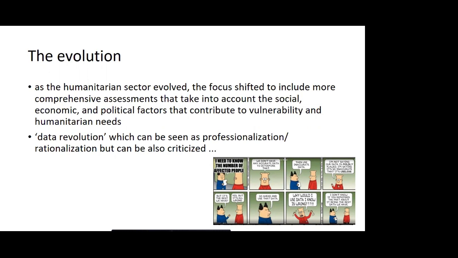Another thing, from more of a Foucauldian side of things, is criticism about the idea that adding quantification to humanitarian space is a form of adding a neoliberal paradigm to it.